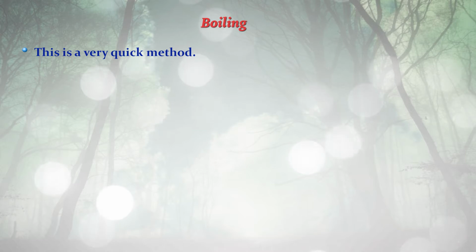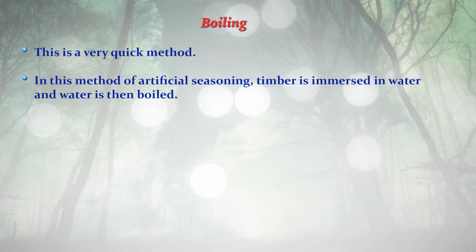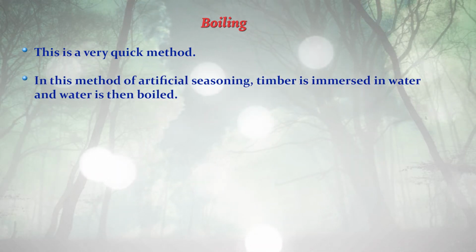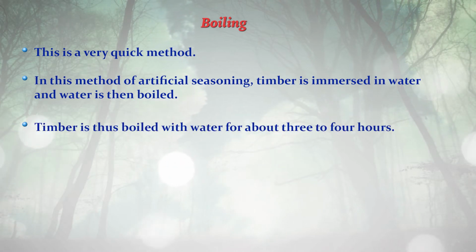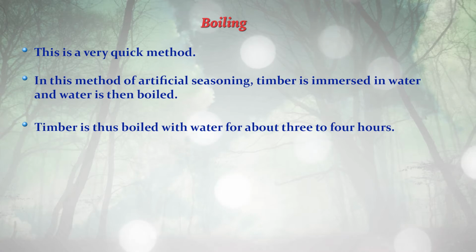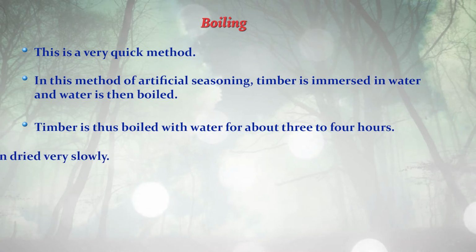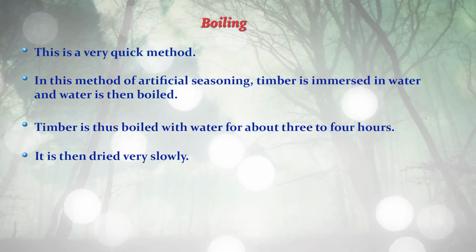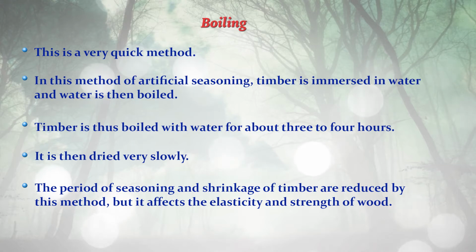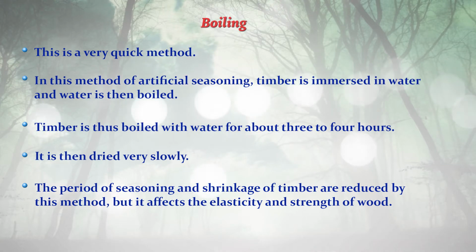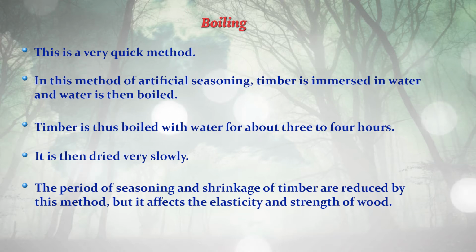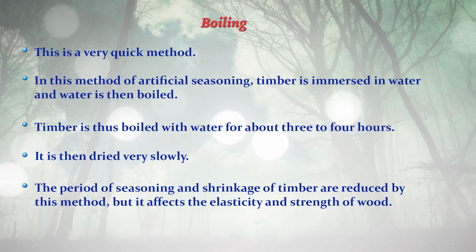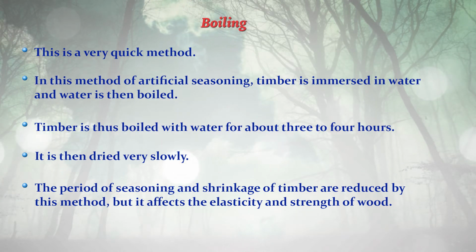This is a very quick method, and in this method of artificial seasoning, timber is immersed in water and water is then boiled. Timber is boiled with water for about 3 to 4 hours. It is then dried very slowly. The period of seasoning and shrinkage of timber are reduced by this method, but it affects the elasticity and strength of wood.